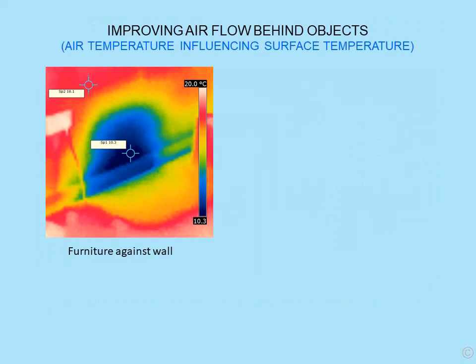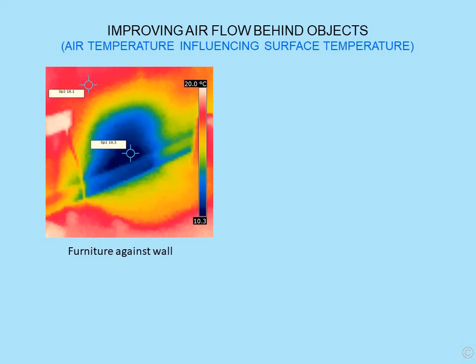The other feature with reference to airflow, it can be improved behind objects. The air temperature influencing the surface temperature. Here was some furniture against the wall. It was very cold outside and had been so for a few days. Surface temperature of the wall was shown to be about 18, but the cold area where the furniture had been was only 10.